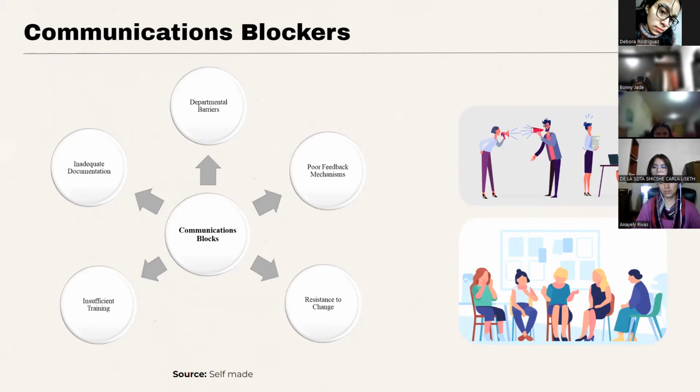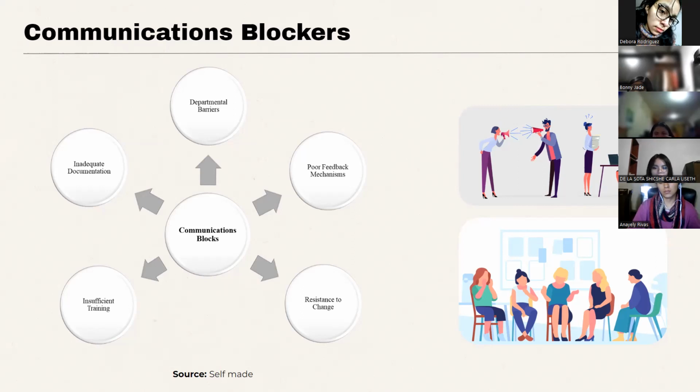We also have poor feedback mechanisms. The issue here is the lack of structured mechanisms for providing feedback on the current process or proposed improvements. So the solution is to establish clear feedback loops where all of us can share our thoughts, our concerns, and some suggestions. Encourage a culture of constructive feedback to drive continuous improvement.